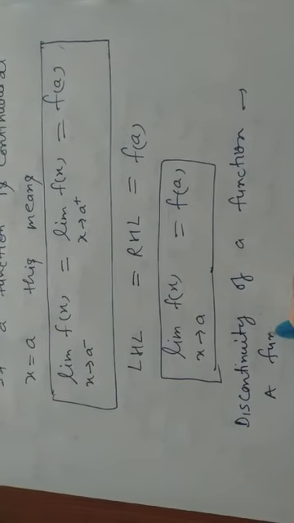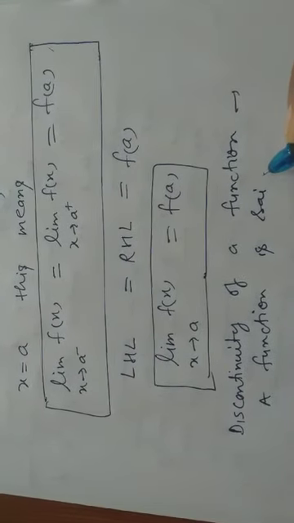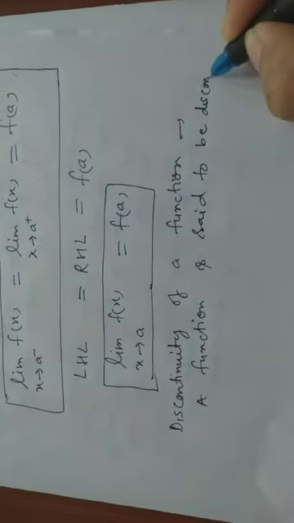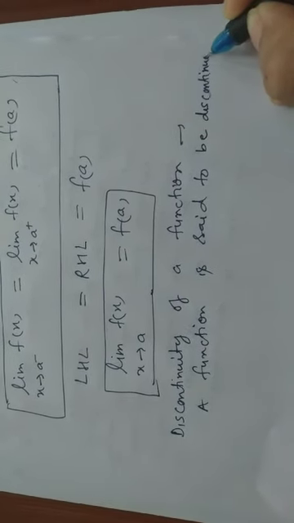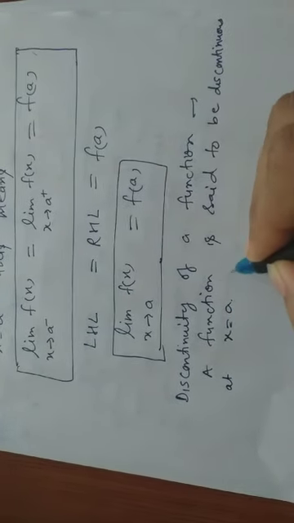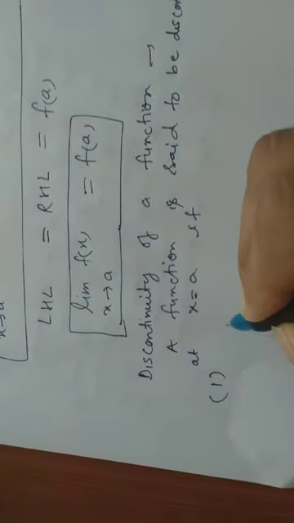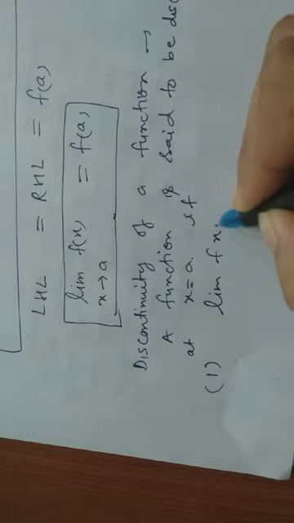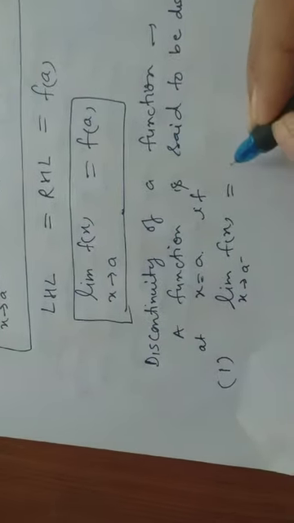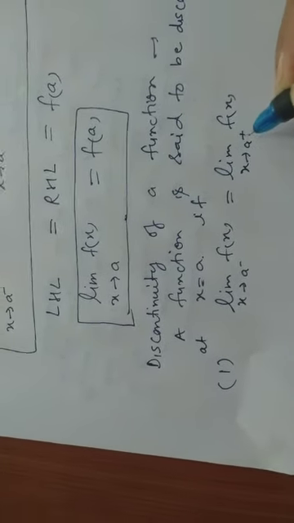A function is said to be discontinuous at x = a if, number one, the limit of f(x) as x tends to a minus is not equal to the limit of f(x) as x tends to a plus.